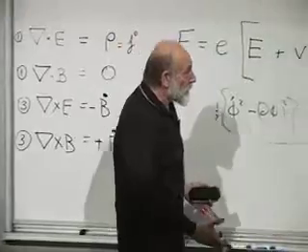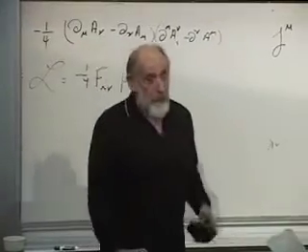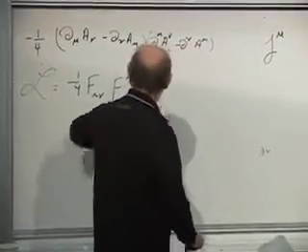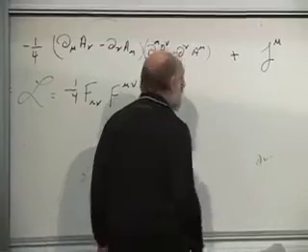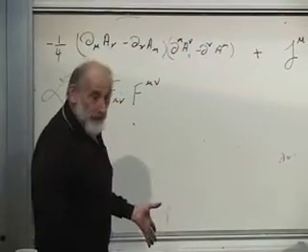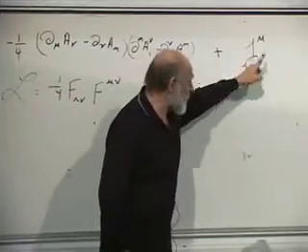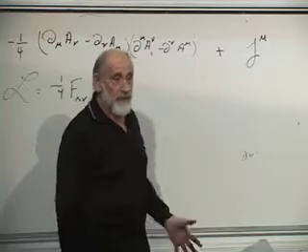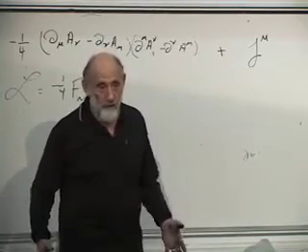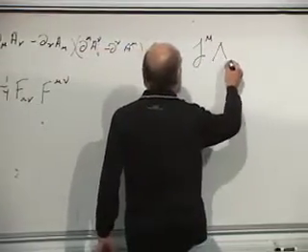So J enters into the equations of motion. It must enter into the Lagrangian. What kind of additional term in the Lagrangian can we put in that involves J? J is a 4-vector. We've got to do something to soak up this index. What is there around? There's the vector potential. That's the only 4-vector that we have to work with. So let's try J mu, A mu.